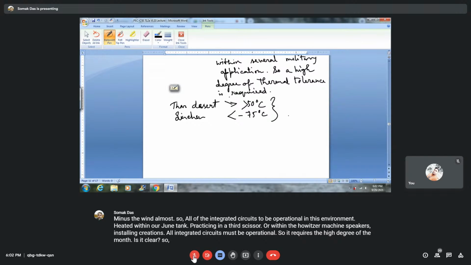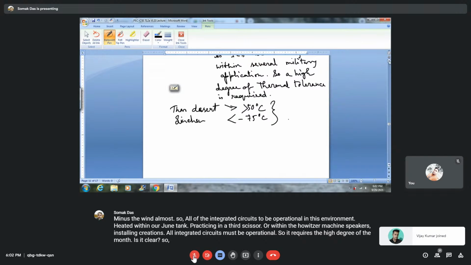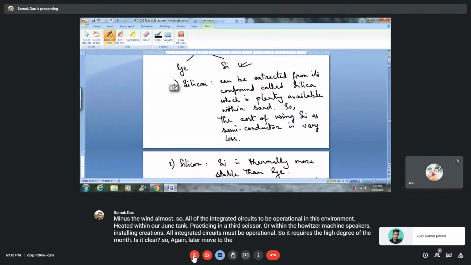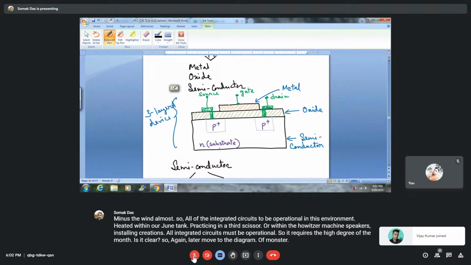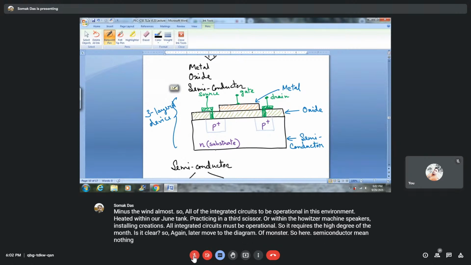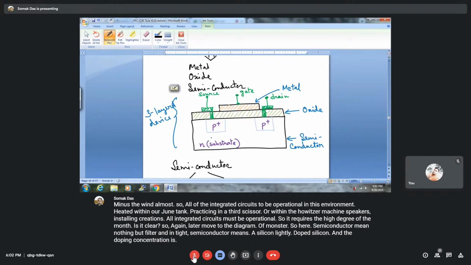So again, let us move to the diagram of the MOS transistor. Here, semiconductor means nothing but silicon. An N-type semiconductor means lightly doped silicon, where the doping concentration is with five-valence electrons donors. So it is N-type.